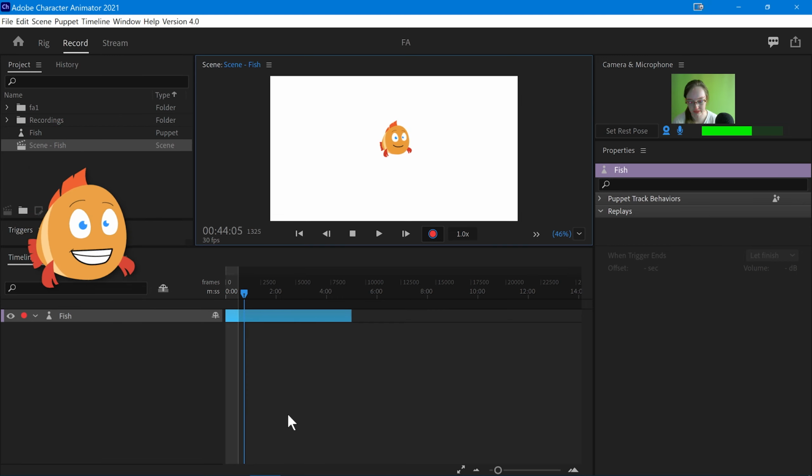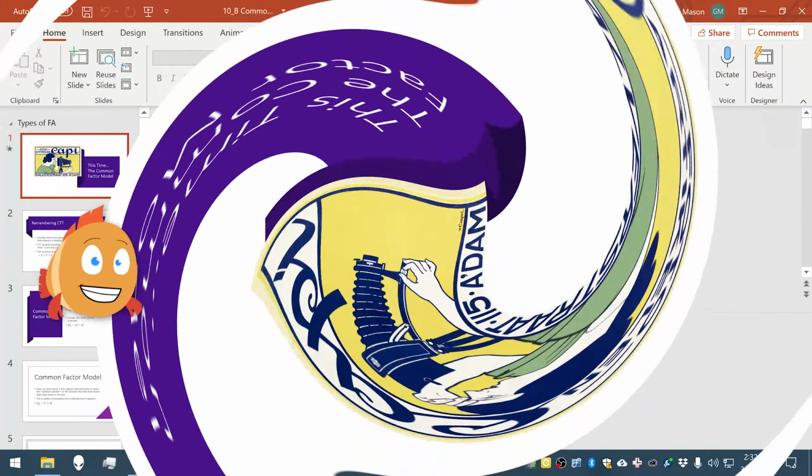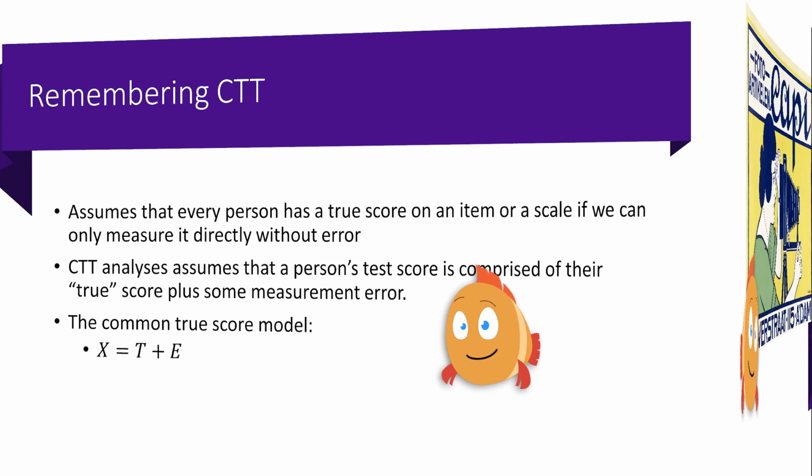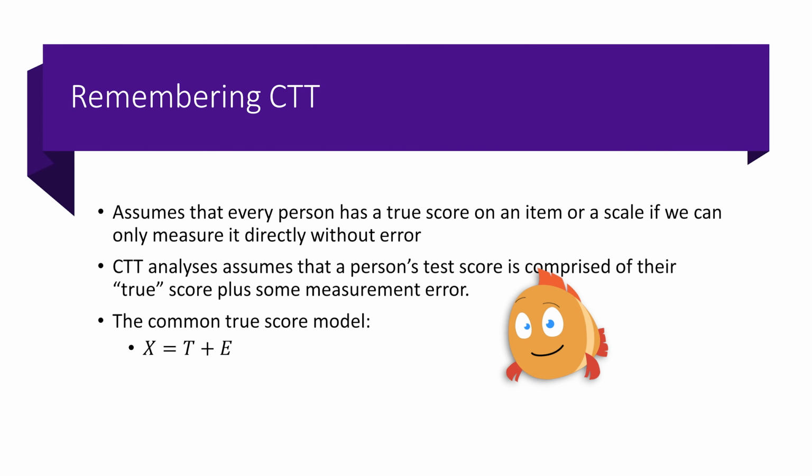Alright, so let us dive in, because today we are talking about the common factor model. Recall that from classical test theory, every person has a true score, and in theory, in this fantasy universe, we could measure it directly without error.